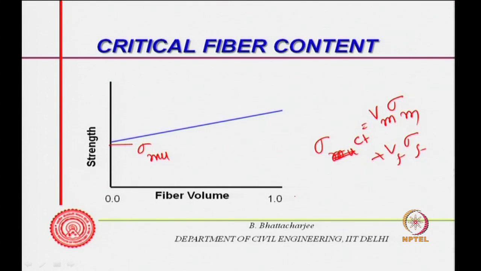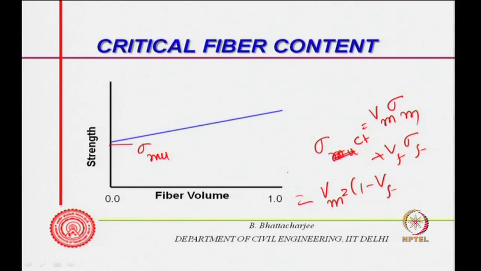So, I can write this as V m equals 1 minus V f, because I am plotting against fiber volume fraction actually. You can see it varies from 0 to 1. So, as I go on increasing the fiber volume, V m can be written as 1 minus V f.